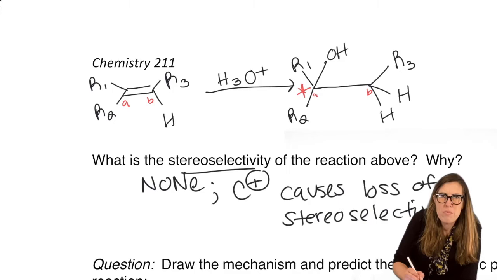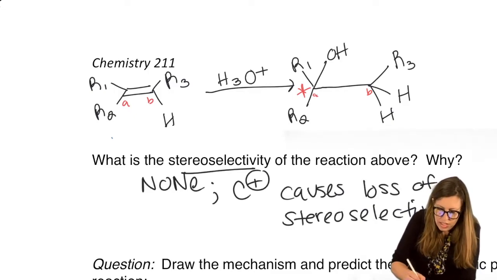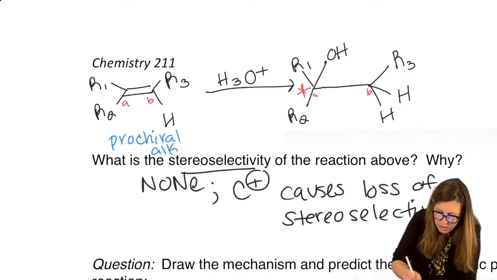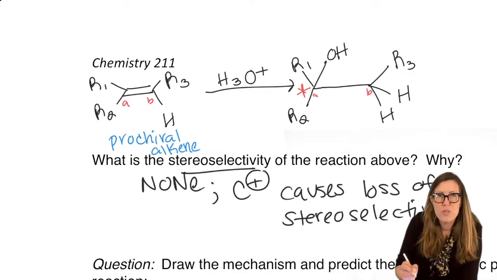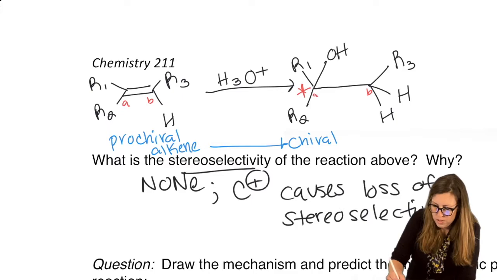Pro, you might remember that prefix from other things like prologue, prototype, meaning the Greek prefix for before or prior to. So it's not chiral at the moment, but this is a prochiral alkene. That means watch out. You do an addition reaction, you lose the pi bond, you now have a chiral molecule, right? So you have a chiral tetrahedral center.